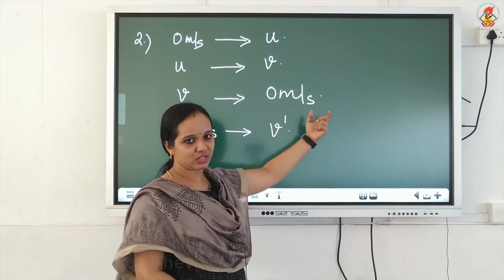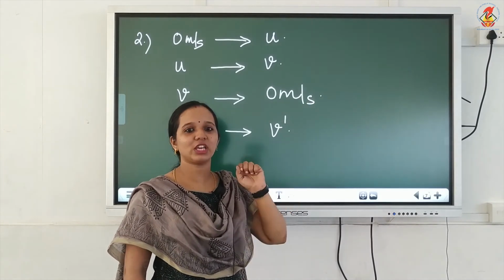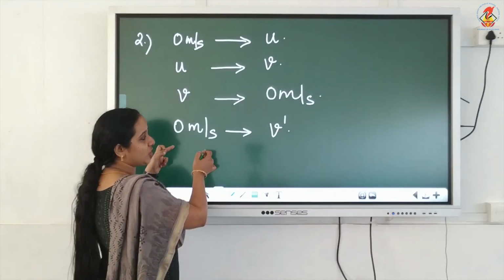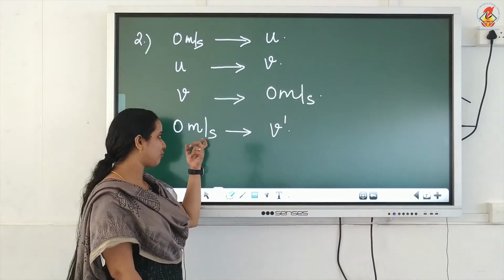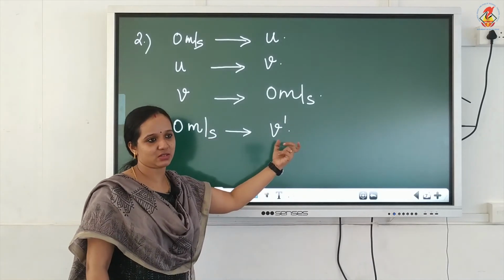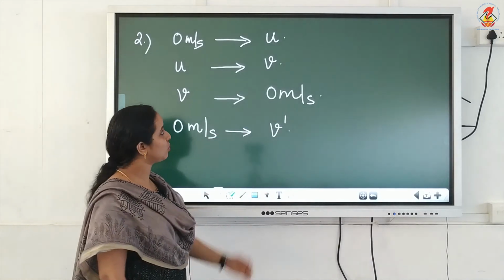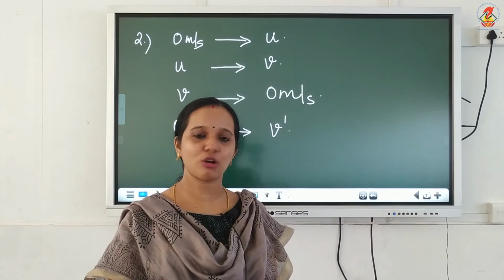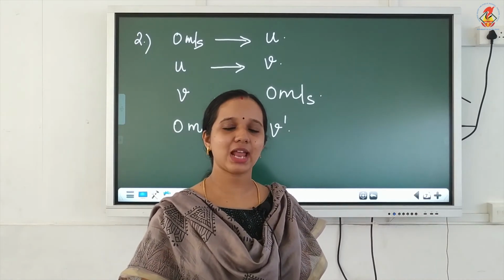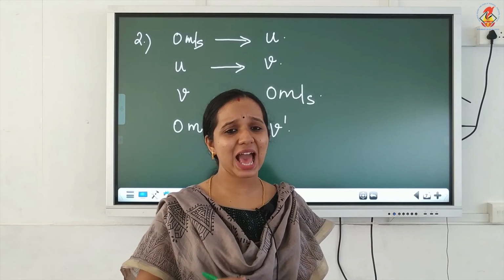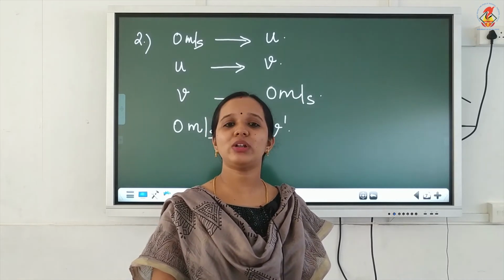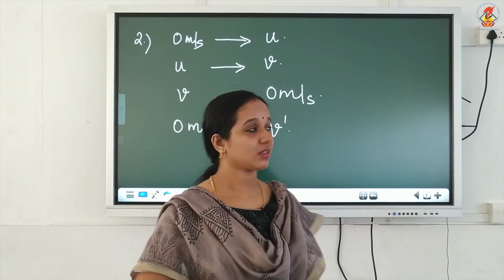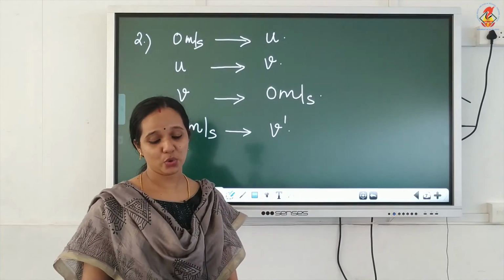Again, after collecting it, the goalkeeper kicked it towards another player. So, again the velocity changed from 0 to v dash. So, these number of times the velocity changed by the application of force. So, velocity can be changed, or we can accelerate any body only if we apply an unbalanced force on it. This is the answer of the second question.